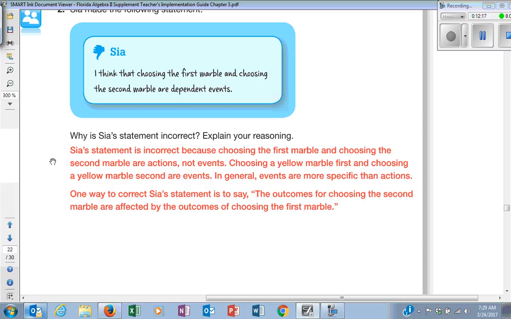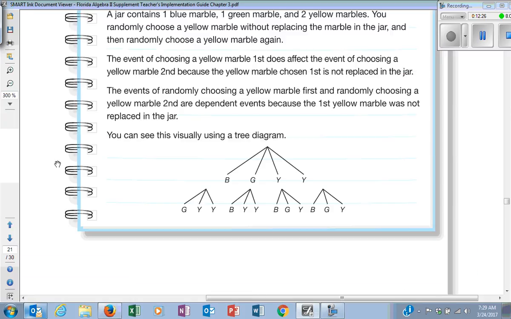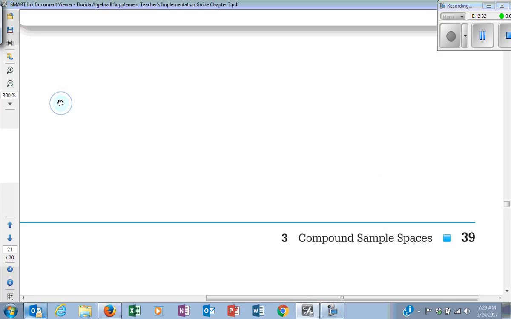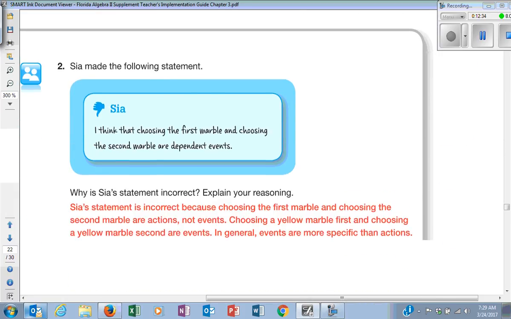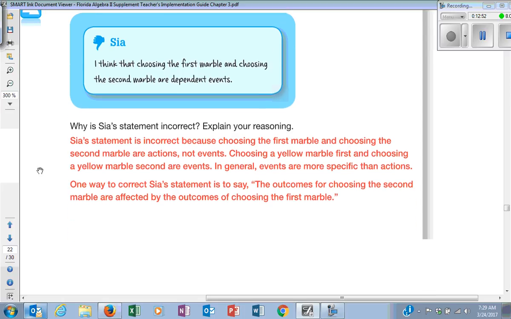Alright, let's see what they're trying to say here. I think that choosing the first marble and choosing the second marble are dependent events. Okay, they're just being very, very particular. Look at what they're saying.